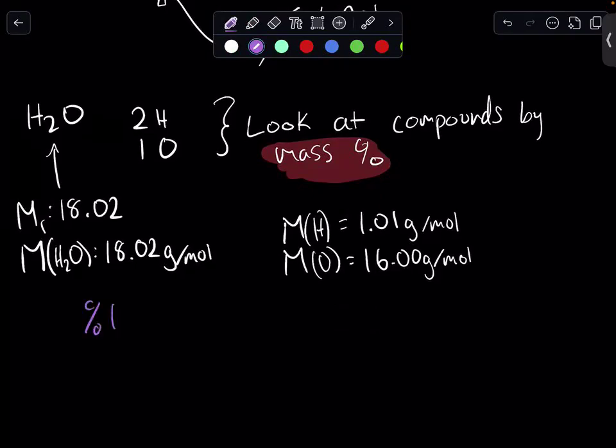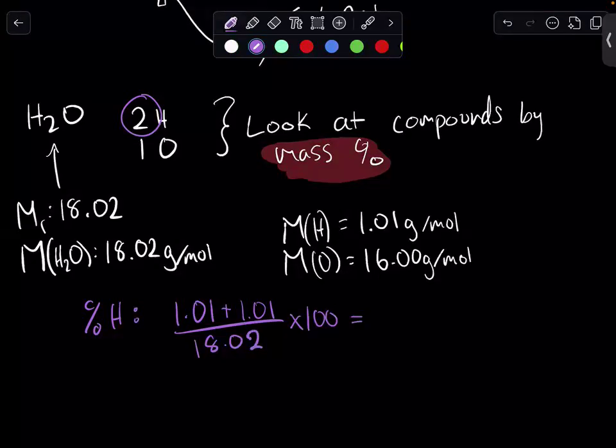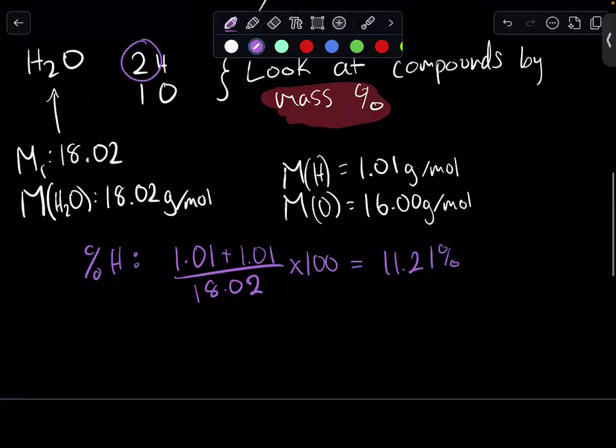We can do this. So we'll do percent hydrogen first. Hydrogen has 1.01 plus 1.01 because we have two hydrogens. We'll divide that by our total mass, 18.02, and we'll multiply by 100 to get a percent. This tells us that hydrogen makes up 11.21% by mass of water.